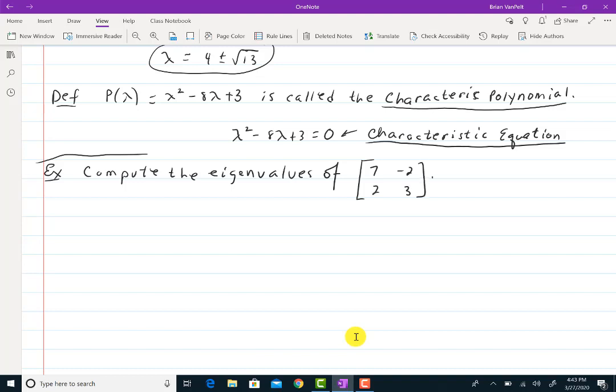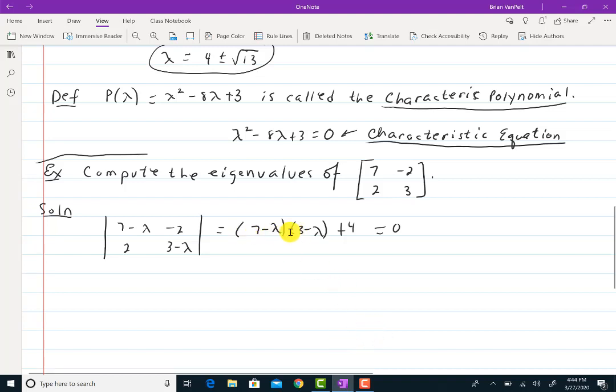So for these, I'm just going to cut right to the chase and start doing the determinant. So I have 7 minus lambda, -2, 2, 3 minus lambda. And according to the formula, that's 7 minus lambda times 3 minus lambda plus 4. And remember, I'm setting that equal to 0. So I have my characteristic polynomial and equation all in one.